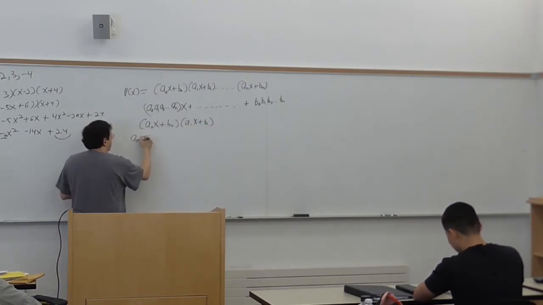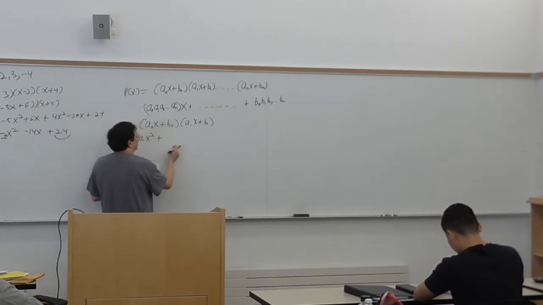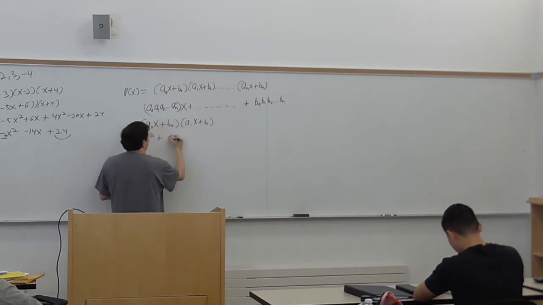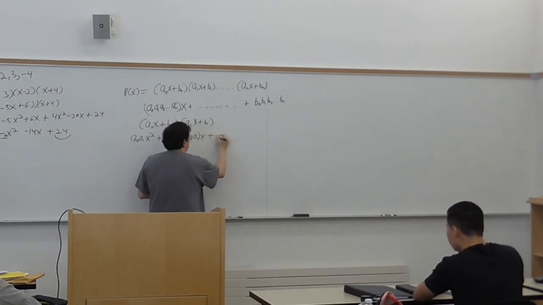So this will be a0 a1 x squared plus a1 b0 plus a0 b1 times x plus b0 b1.